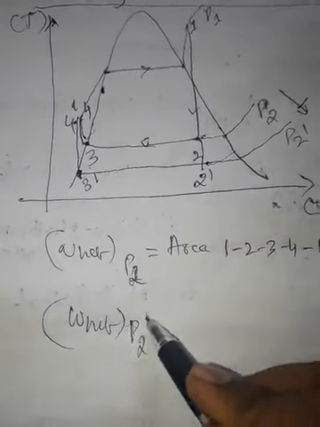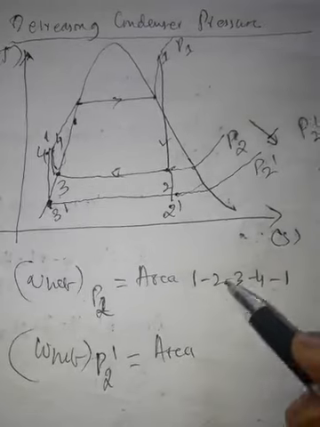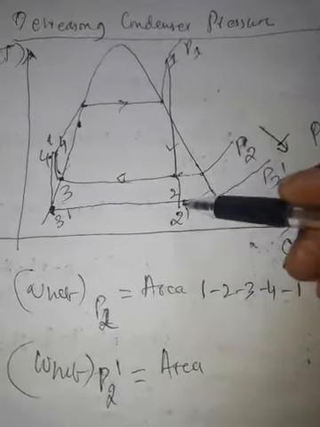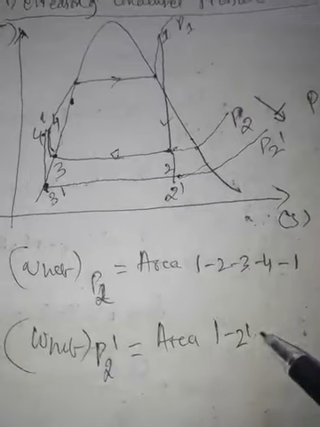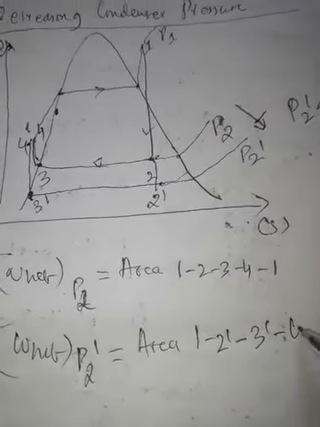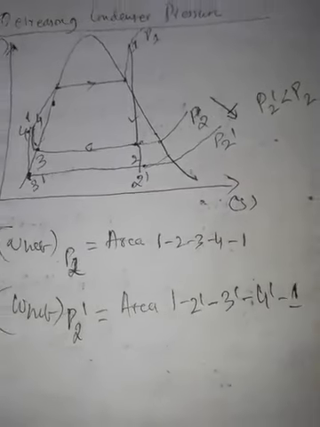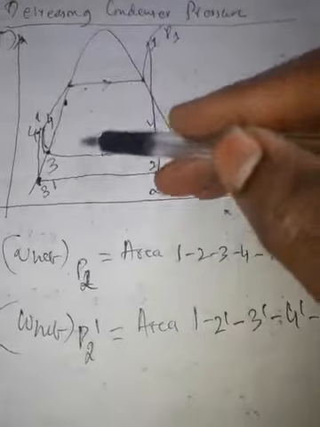W net with P2 dash is the area 1 2 dash 3 dash 4 dash 1, this complete area.